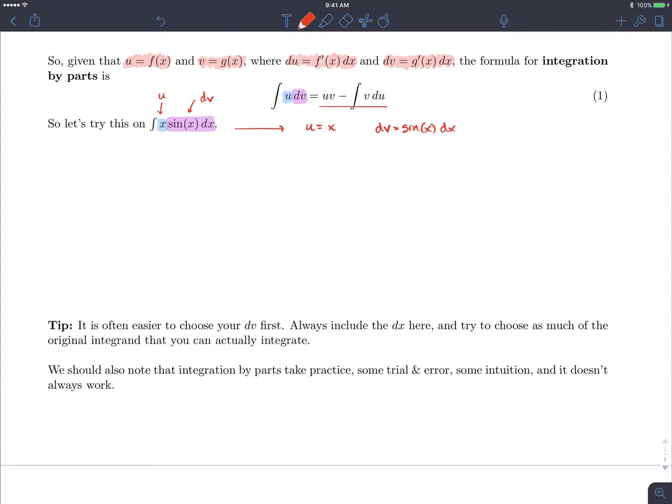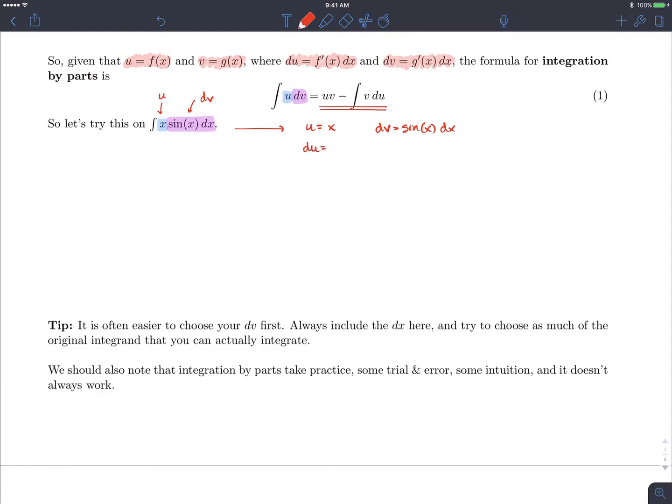Now, in order to use this formula, we've already got u, and we're going to need to find v. In two cases, we're also going to need to find du. We're going to do that by doing some manipulations with these two statements right here. If we've got u equals x, to get du, we think about the substitution method.